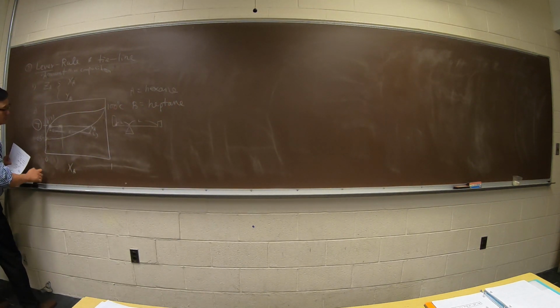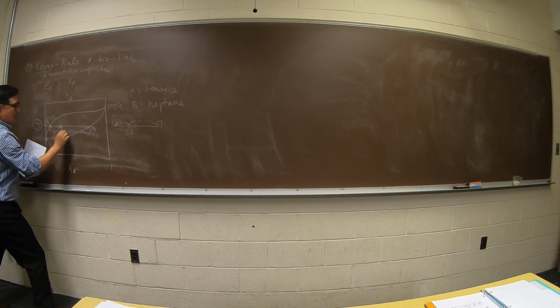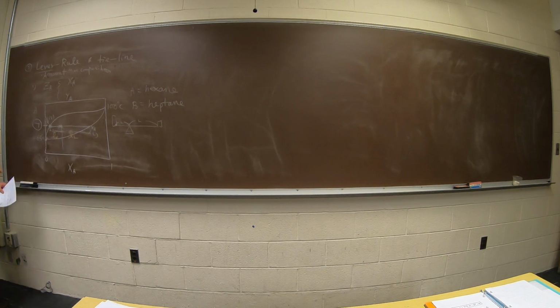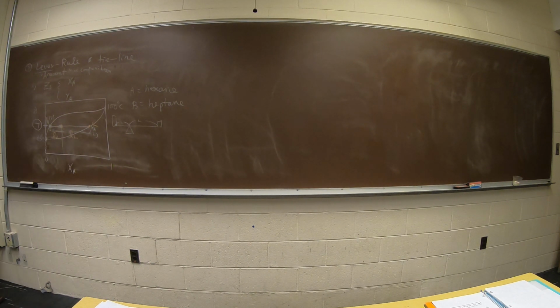People write this as a length scale in the vapor phase, LV, and a length scale in the liquid phase, LL. Starting from here you go to the liquid, and that's the length; you literally measure how many centimeters you have.